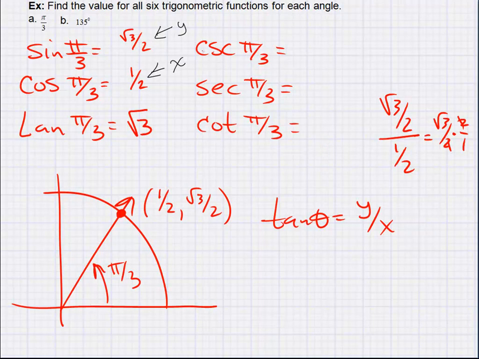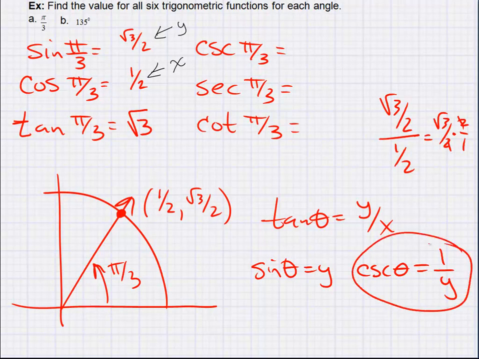There's a reason why I list cosecant across from sine, secant across from cosine, and cotangent across from tangent. Because if sine of theta equals y, cosecant of theta equals 1 over y. So the cosecant is the reciprocal of the sine.